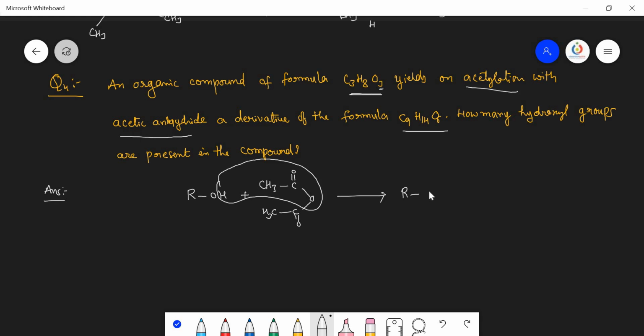So we get R, oxygen, C double bond O, CH3. What is the difference between this basic alcohol and this ester?